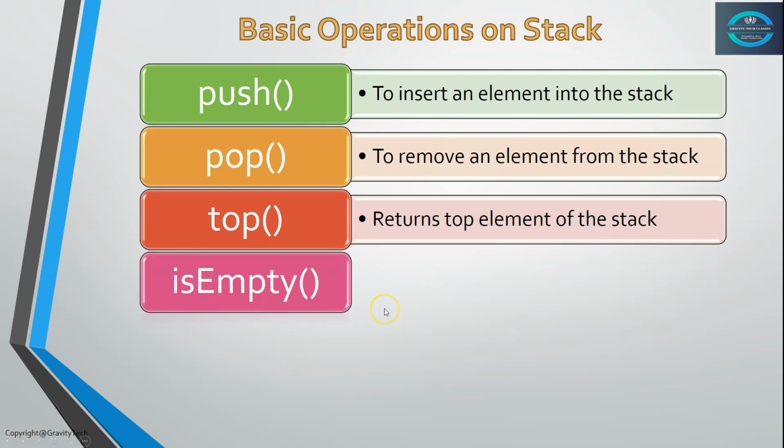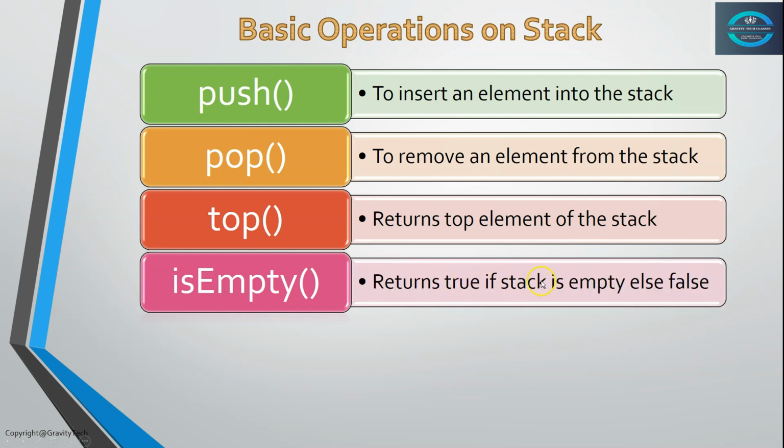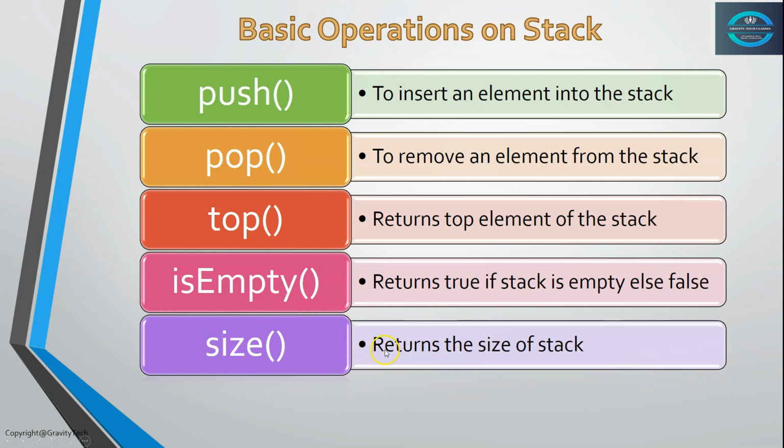Then isEmpty tells whether the stack is empty or not. It returns true if the stack is empty, and false if the stack is not empty. Size tells you how many elements are in the stack. So these are the main operations.